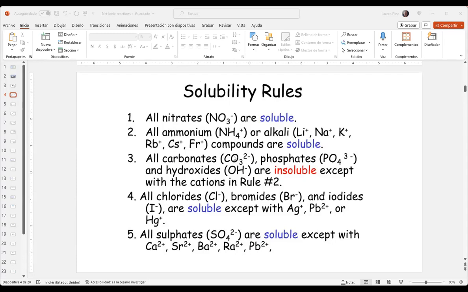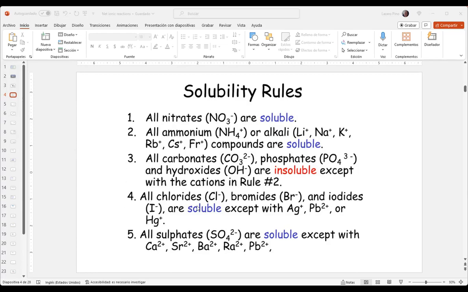All carbonates, phosphates, and hydroxides are insoluble, except when the cations are the ones in group 2.